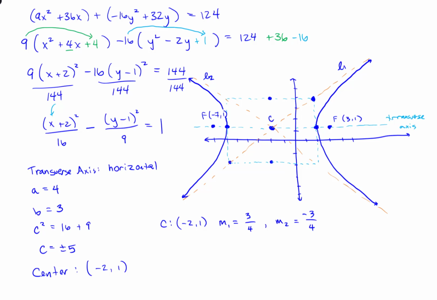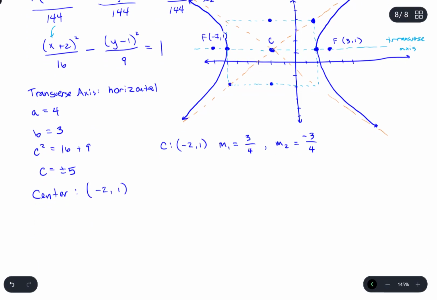And to get the equation of these, I can really just use this point slope form and say y minus 1 equals 3/4 of x plus 2, and y minus 1 equals negative 3/4 times x plus 2.